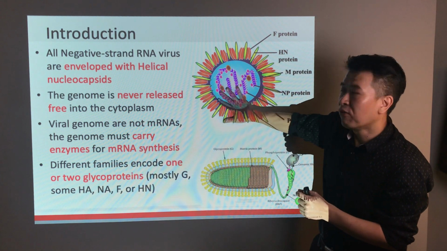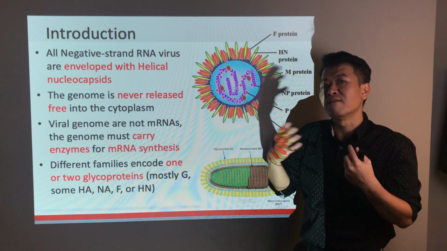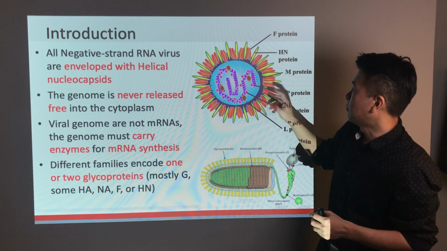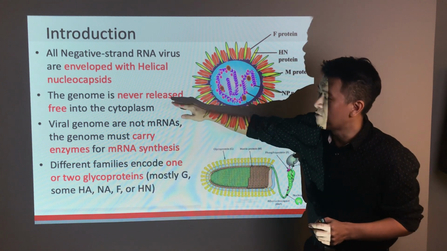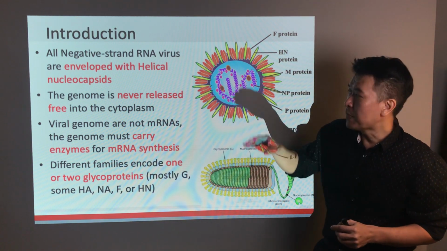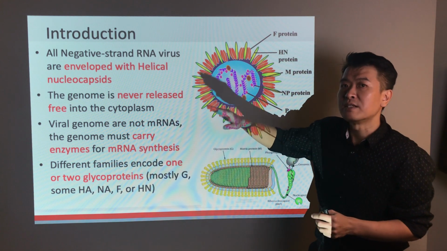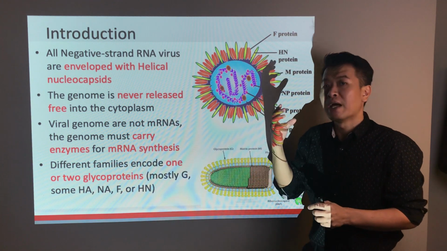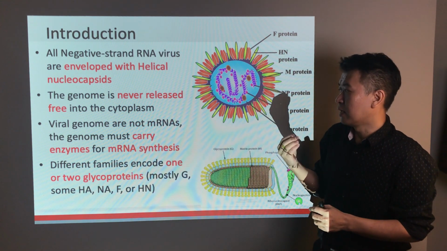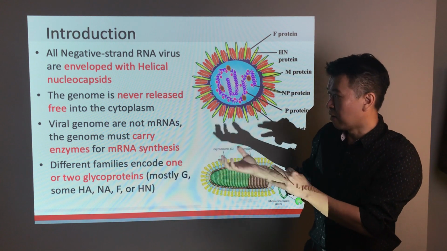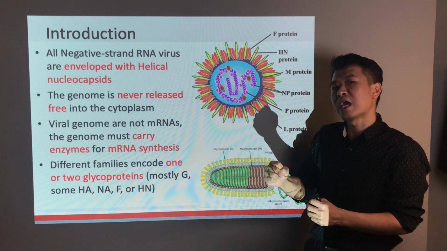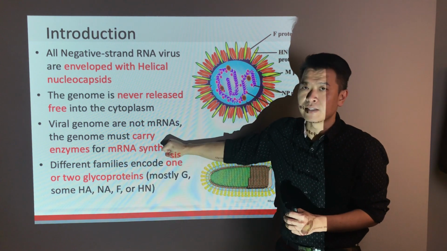So in order for the virus to successfully infect the cell, their RNA will always be protected by the nucleocapsid. They will never release it free. And because their RNA is negative-strand, this RNA cannot be used directly as a functional mRNA. So the virus must always carry its own enzyme.